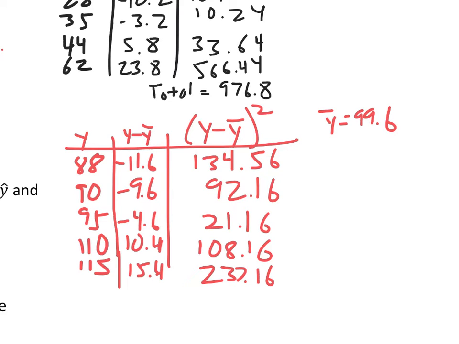And then once we've got that list, we need to calculate our total. So we'll have to add that all up. And it looks like we get 593.2. Okay, so that was the hard work.